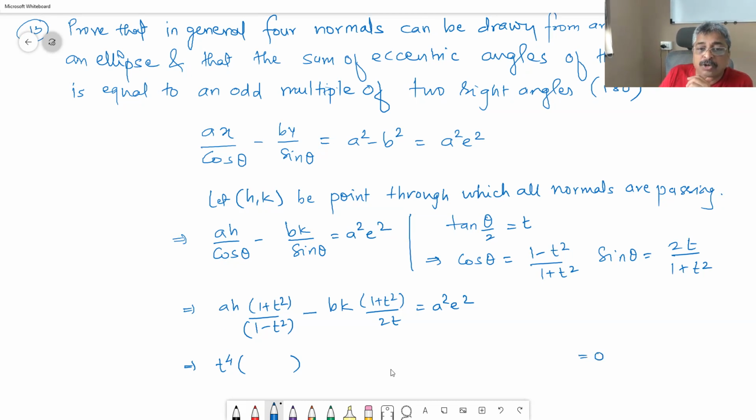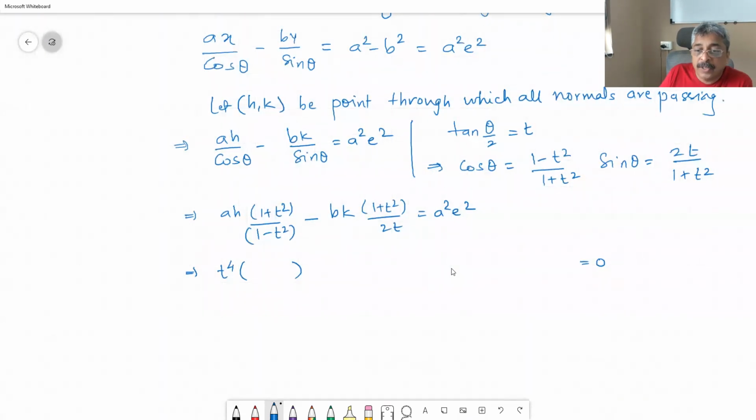Okay, that is the first part of the story that we need to complete, and then write down the expansion. Then we can find out what is sigma 1, sigma 2, sigma 3 of this fourth degree equation in T. But more than that, what we are supposed to do is write down the expression for tan of theta 1 by 2 plus theta 2 by 2 plus theta 3 by 2 plus theta 4 by 2. Why do we require this expansion?